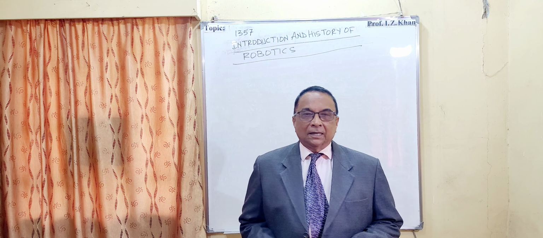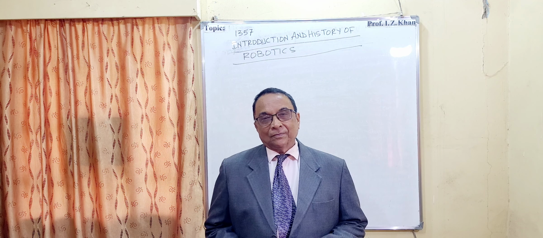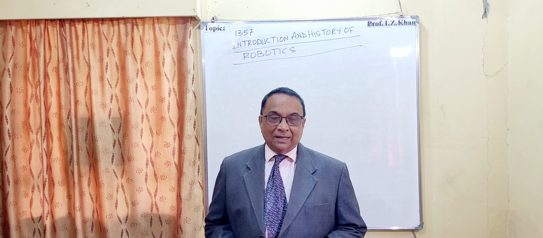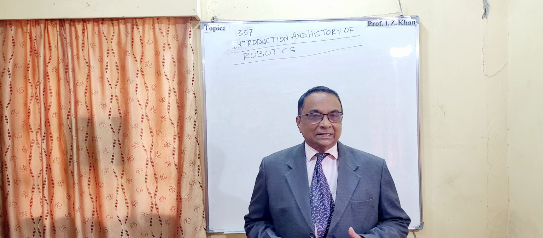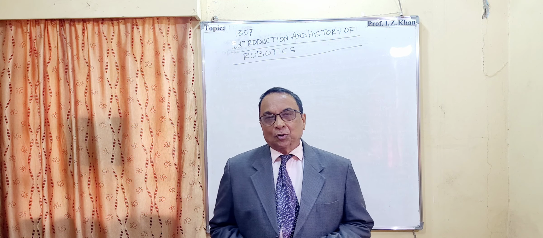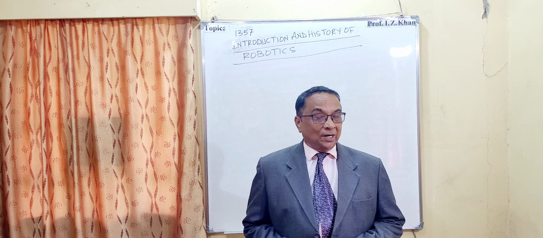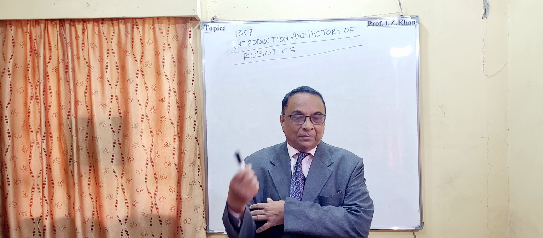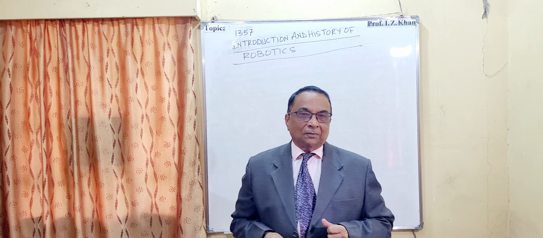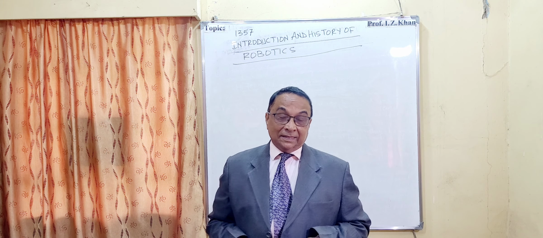I have already delivered 3 lectures on robots, and today I am going to discuss robotics. Actually both have similar function. The only difference is that in the case of robotics, it has a complicated part called a manipulator. Manipulator means arm, and it has 2 very important properties, flexibility and rigidity.